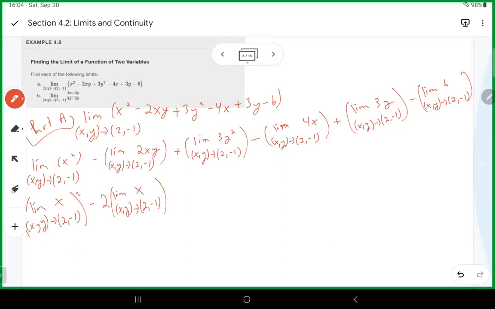And then we also will do it for the y. If you paid attention to the theorem, you'll see why we're doing it this way.